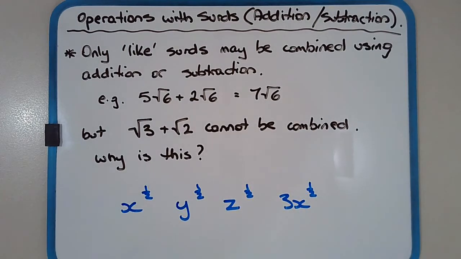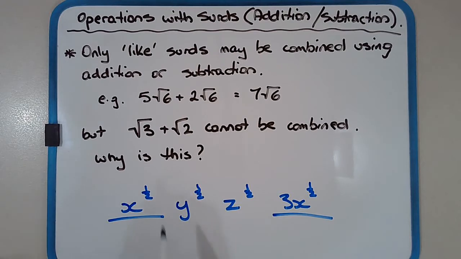Which ones are your like terms? Your like terms are the terms that have the same pronumeral and also the same power. So we've got that one there and this one there. x to the power of half and 3x to the power of half. The pronumerals are identical and the powers are identical, so therefore they are like terms.